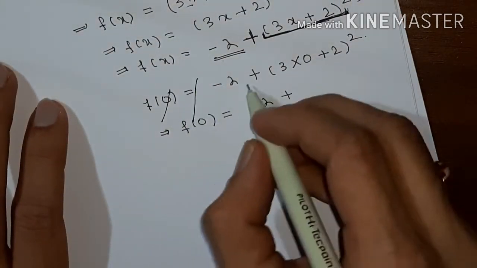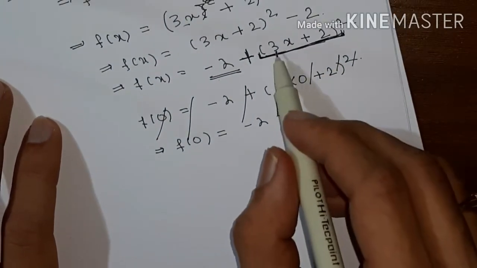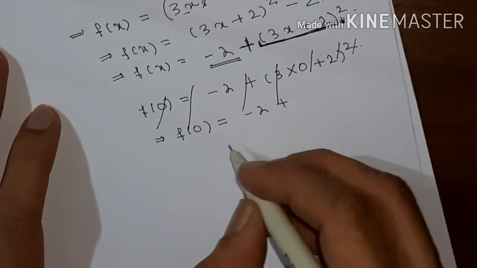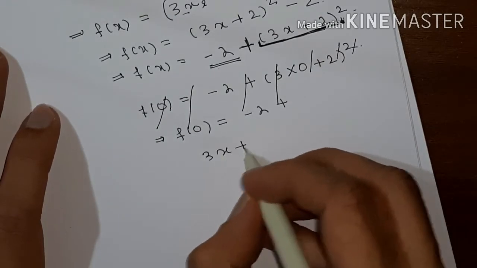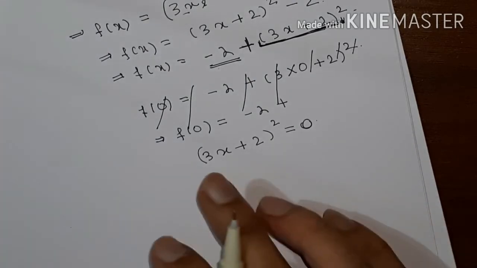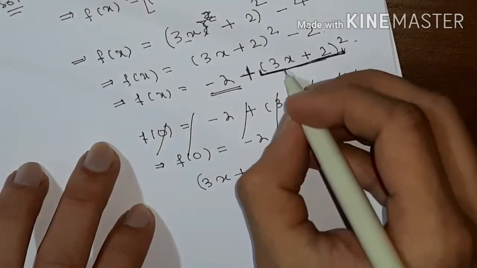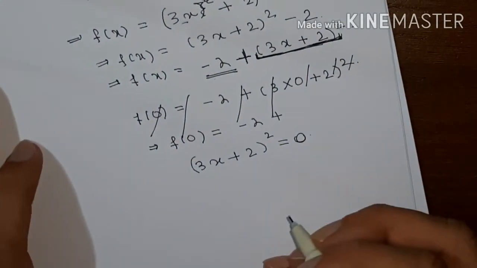We have to see at which point this is 0. So you take (3x + 2)² equal to 0, and that is how we have to check. If this becomes 0, then the function value is the minimum.